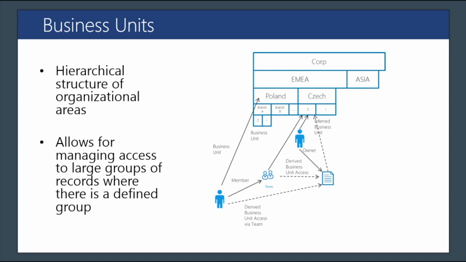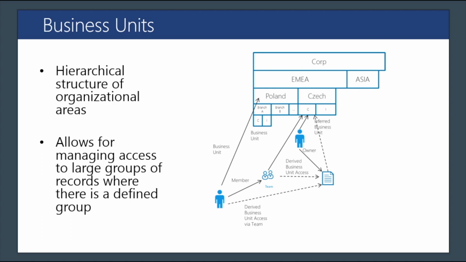If the team has business unit level access to contacts and that team is owned by the Poland business unit, then that's going to grant access to any contacts that are owned by that team or by users within the Poland business unit. So it's not necessarily going to grant EMEA any access.